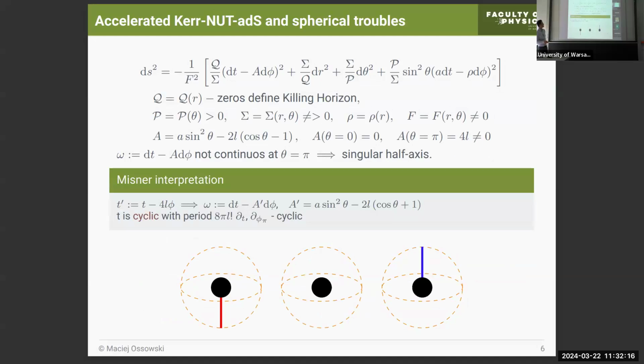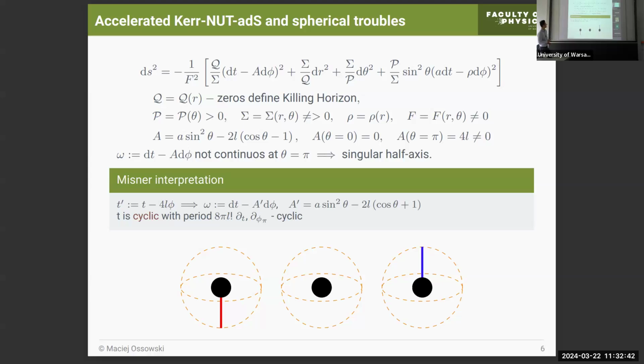So we want to apply this to the general accelerated tau-NUT ADS spacetime, which I'm presenting to you in the form of, essentially, Boyer-Lindquist coordinates. And maybe the exact form is not that important. The important part is that we have this polynomial Q, which determines the position of Killing horizons.